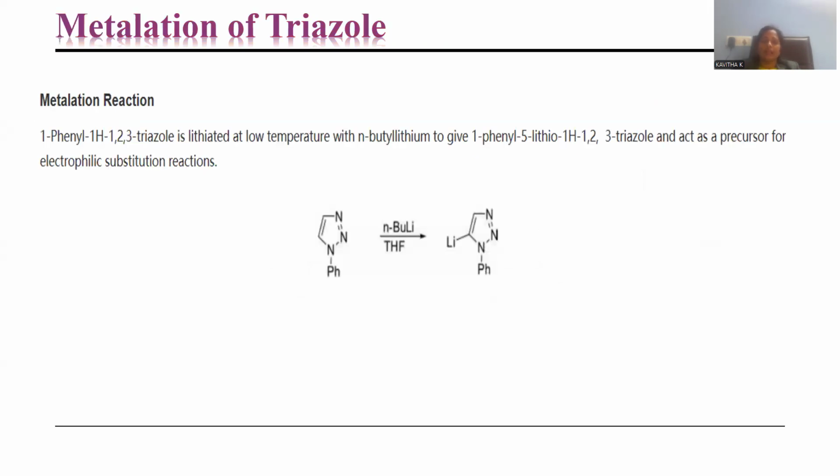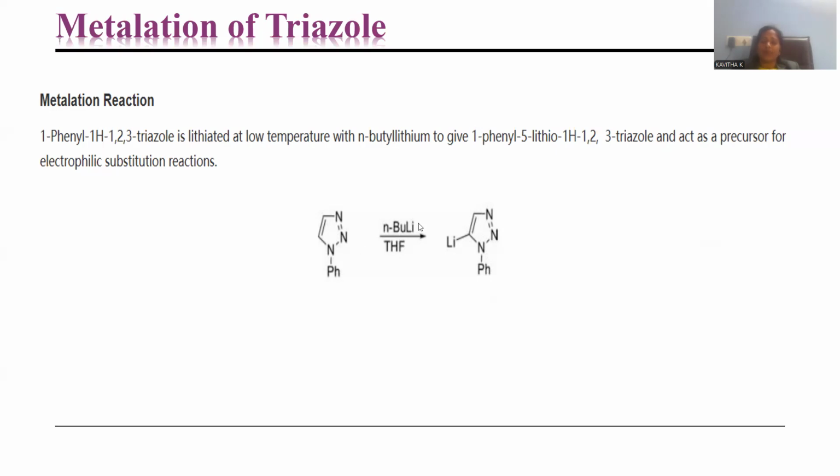Let me add lithium metal over there. Metallation of the triazole is the reaction going to be performed. N-phenyl triazole is going to be treated with n-butyllithium. This is the organolithium reagent, dissolved in tetrahydrofuran, so what happens?